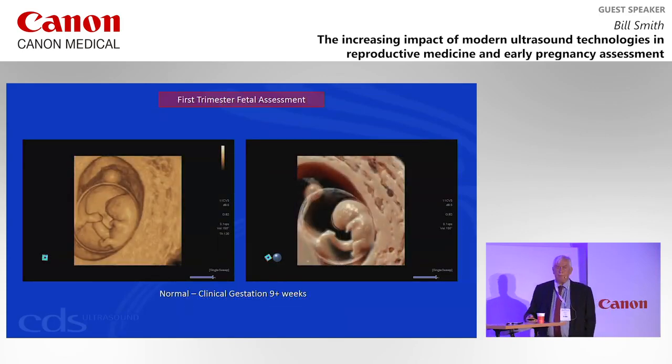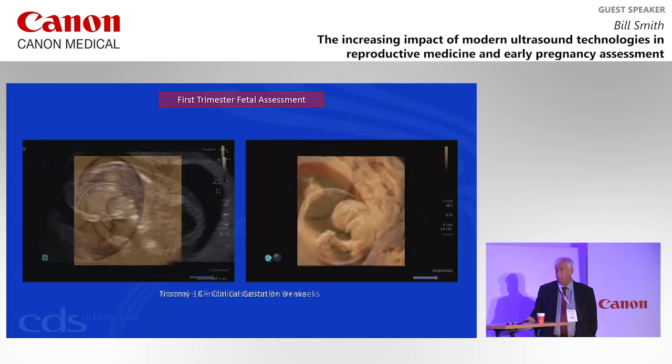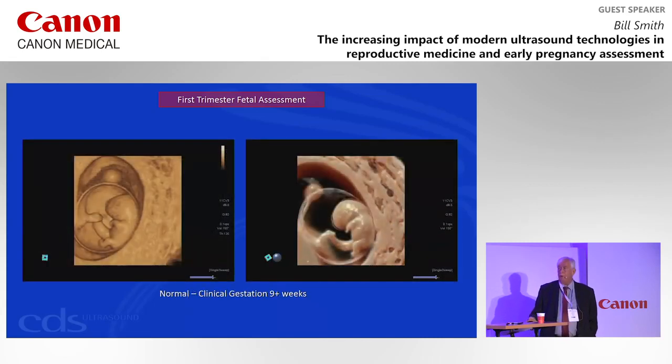In terms of abnormalities, there've been lots of lectures on first trimester abnormalities, but these have actually been around 12 weeks. We can pick up issues well before that, as you've already seen. This is obviously normal 3D. And these images are not special. You get them very easily, within seconds.